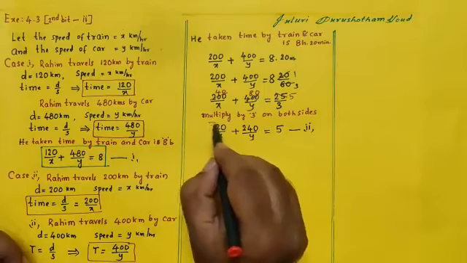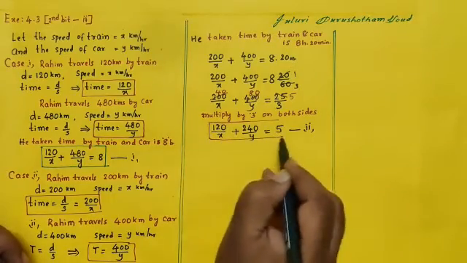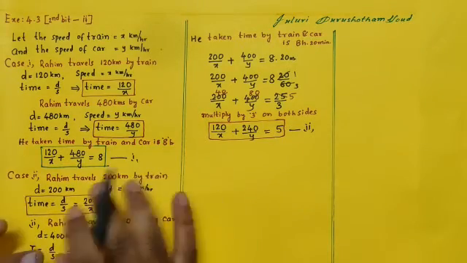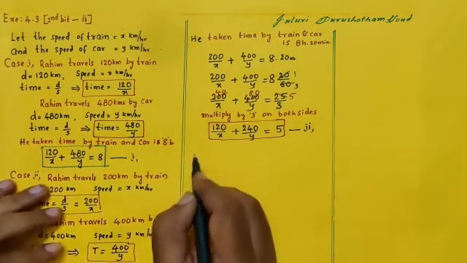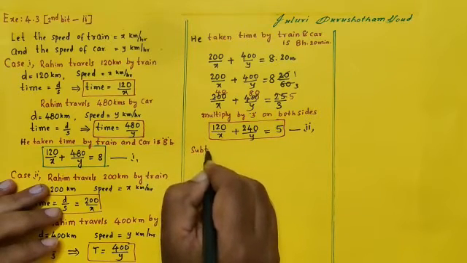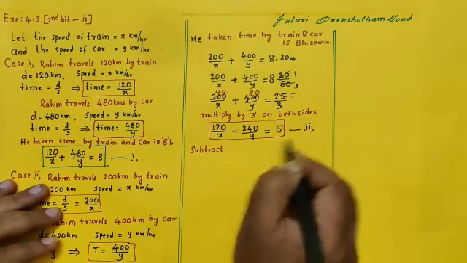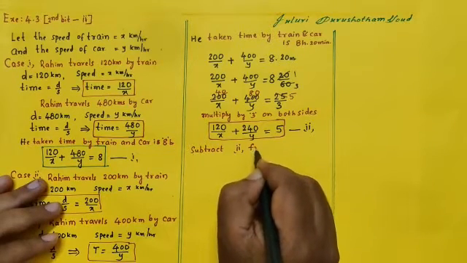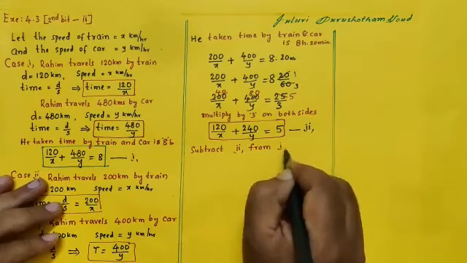If you go by the elimination method, we have to get the value of x, so I subtract the second equation from the first equation.